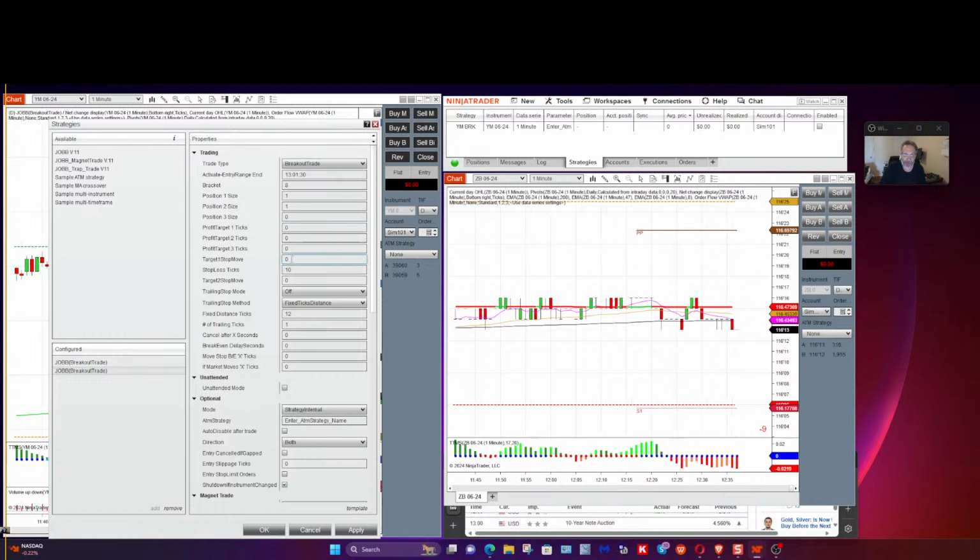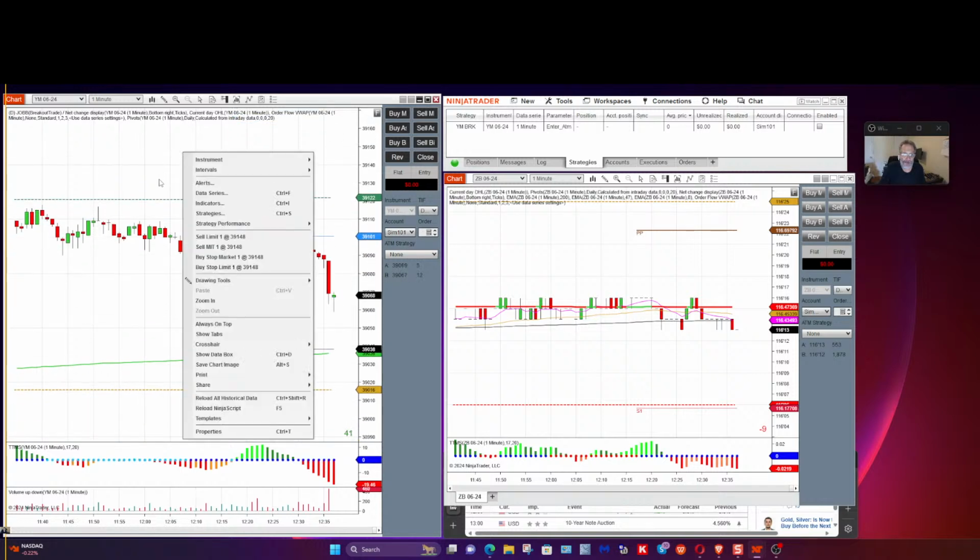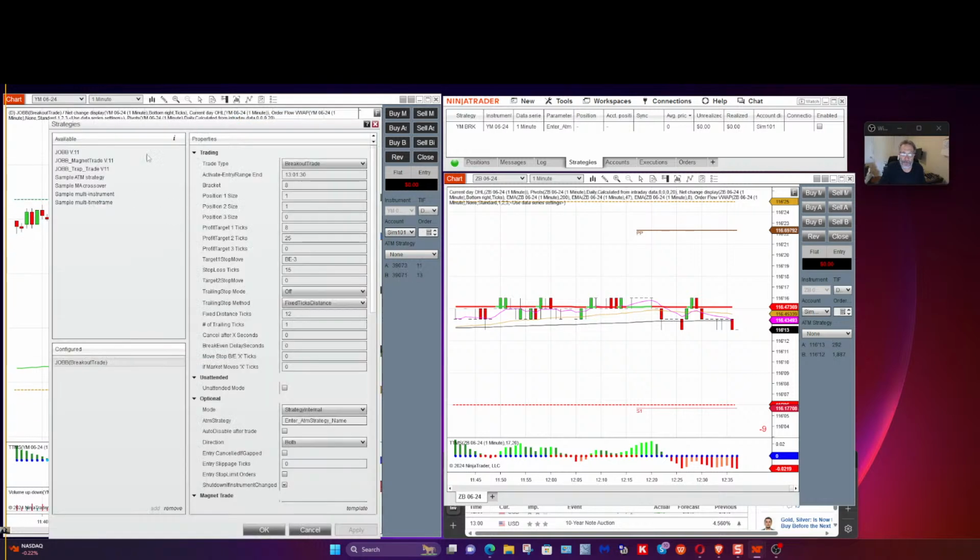I use the target 1 stop move, break even minus 1 on 3, break even, and the stop on this trade is 15. And then I label it like I always do. So, important elements.